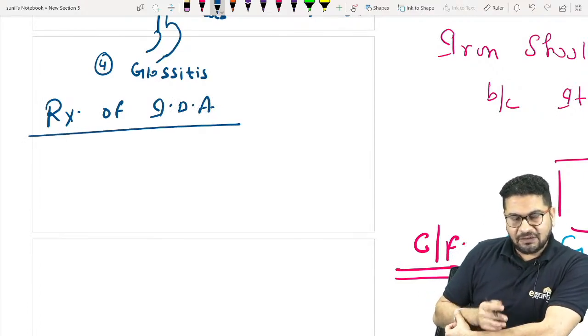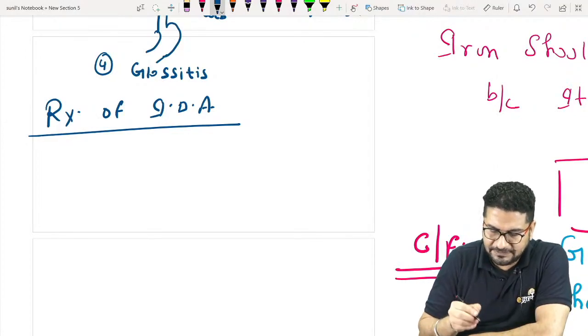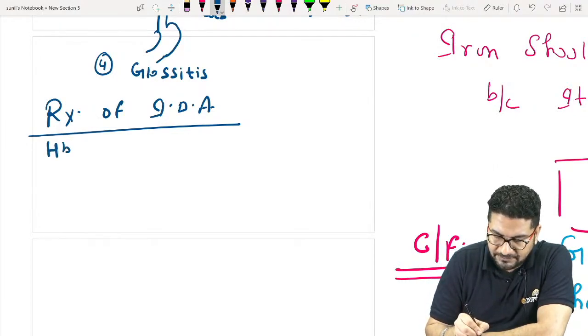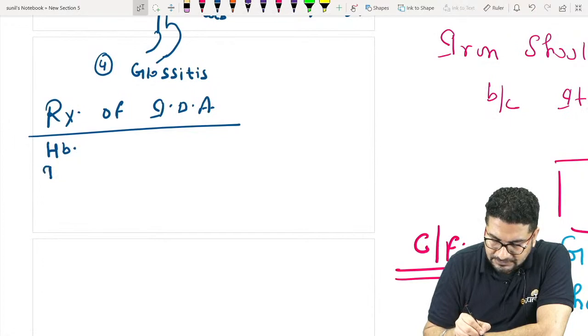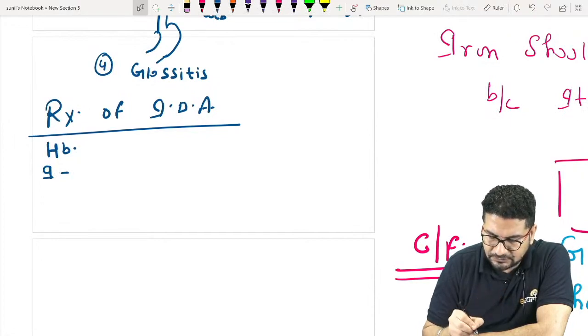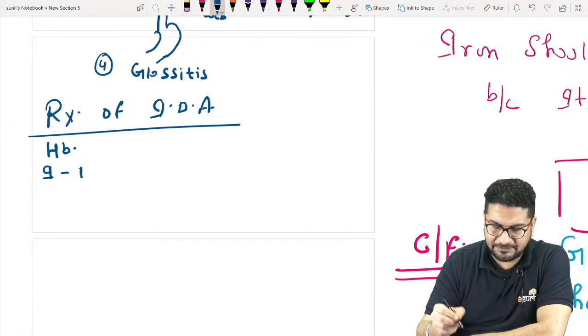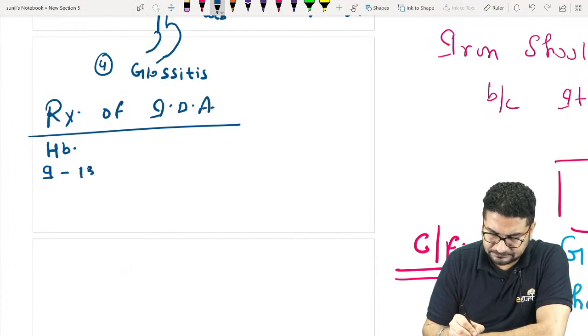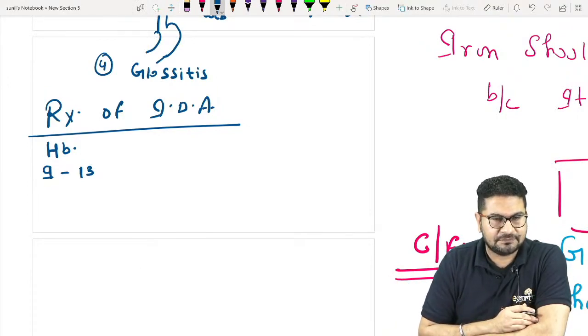Depending on the hemoglobin levels, you should treat the patient. So let me say a patient is having hemoglobin values in the range of 9 to 13. Like if I say female 9 to 12, or male 9 to 13. Indian females 9 to 11, clear?